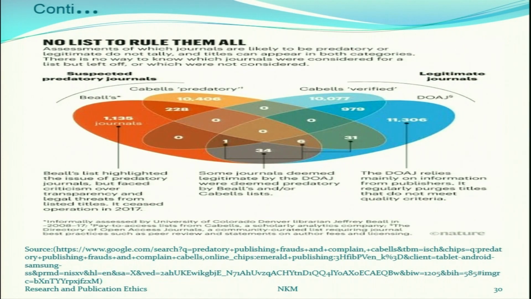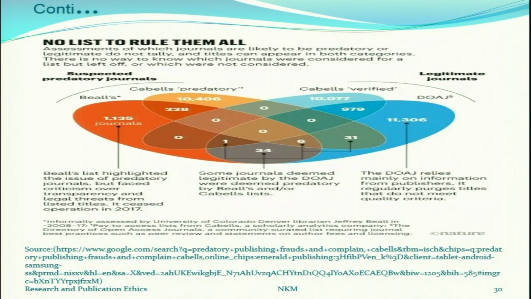So in this data analysis we see that Beall's list is there, and there is a Directory of Open Access Journals, and Cabell's also verified this listing. Beall's list highlighted the issue of predatory journals but faced criticism over transparency and legal threats from listed titles. It ceased operations in 2017.